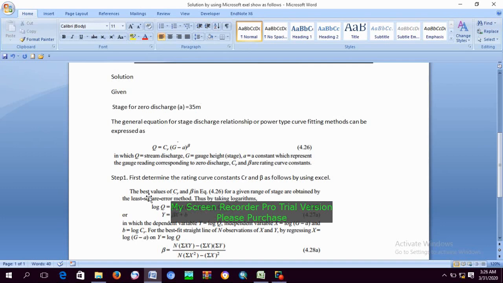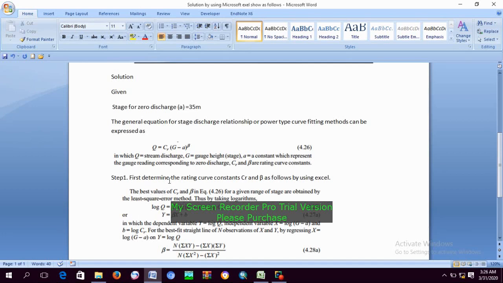By using the logarithm property, log of CR (G - A)^β is equal to β log(G - A) + log CR.